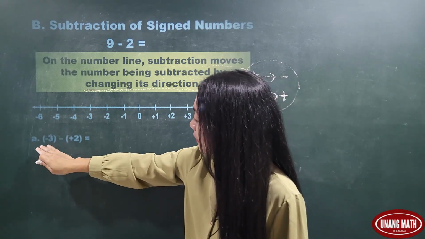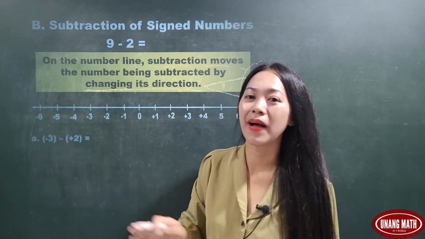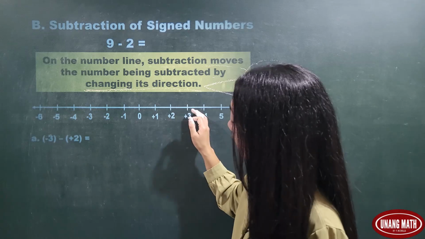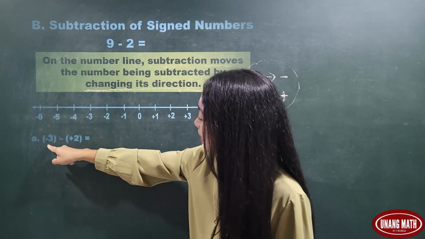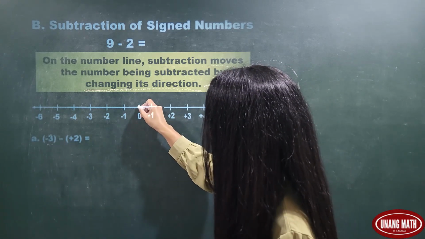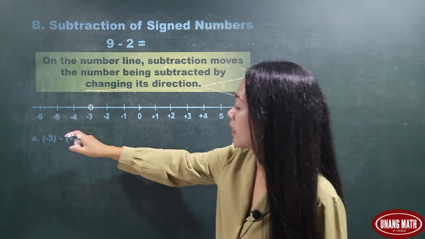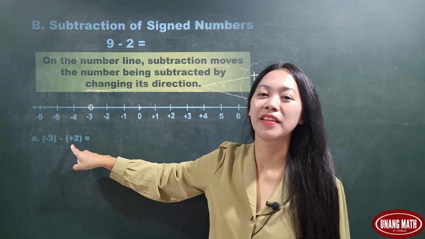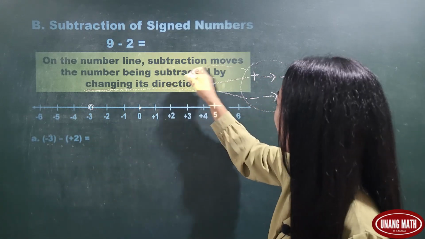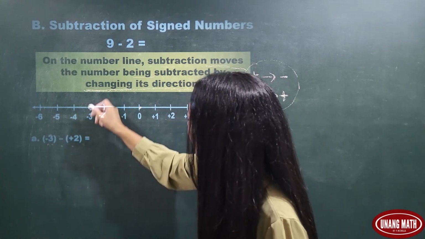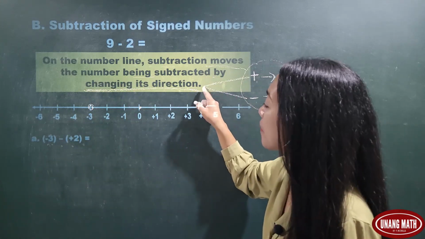First example, negative 3 minus positive 2. First thing we need to do on this number line, we need to locate where negative 3 is. This is the origin. Negative 3 is this point. Minus positive 2. Again, subtraction moves the number being subtracted by changing its direction.